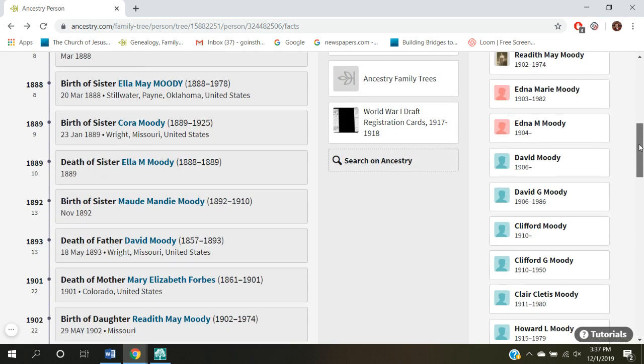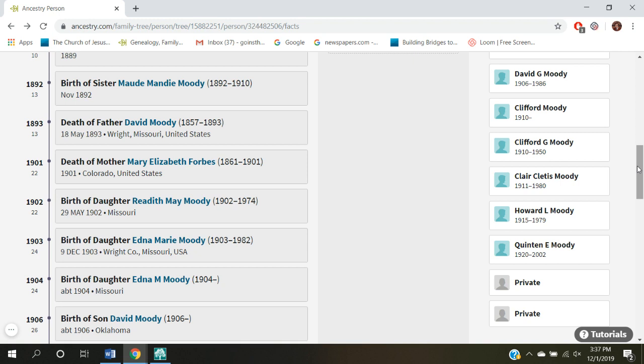Here we have a Claire Cletus, and they claim it was a boy, a Howard, and a Quentin E. So it's possible that rather than Everett G, it's Everett Q Moody, her last child, and they may have misread or misspelled the name Claire. So I'm going to go back to the census record by clicking back.